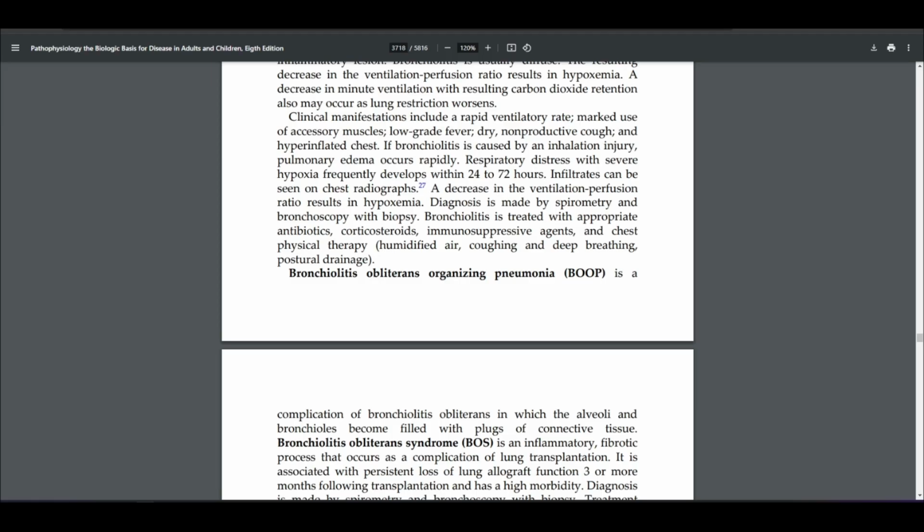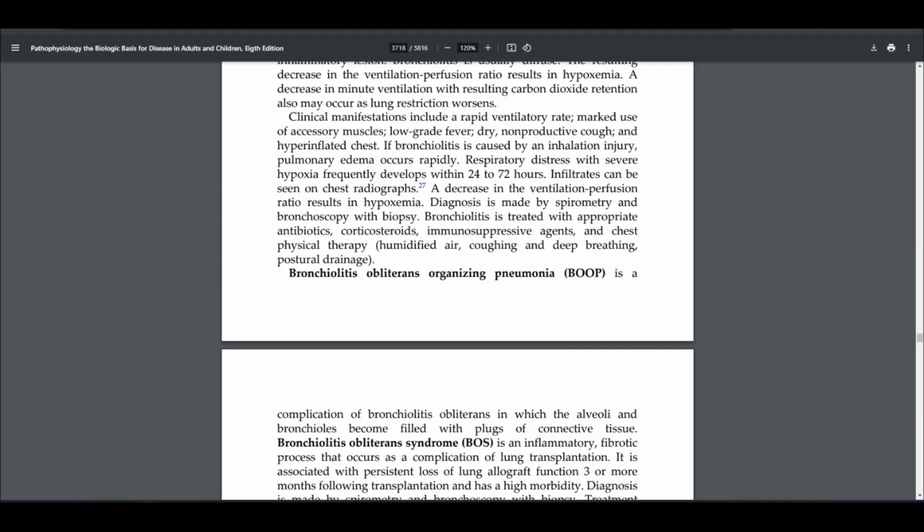If bronchiolitis is caused by an inhalation injury, pulmonary edema occurs rapidly. Respiratory distress with severe hypoxia frequently develops within 24 to 72 hours. Infiltrates can be seen on chest x-rays.